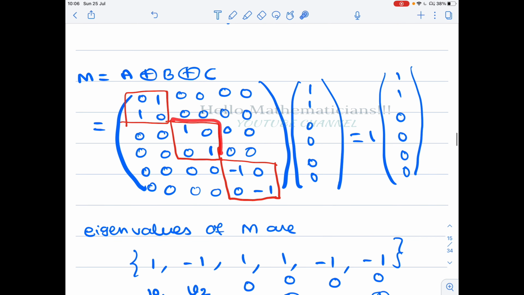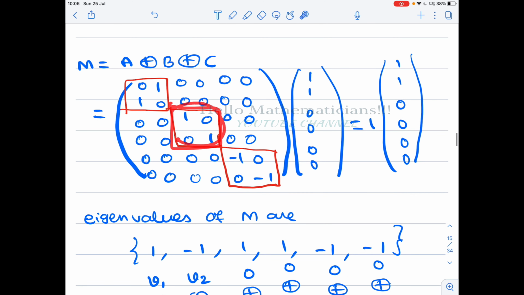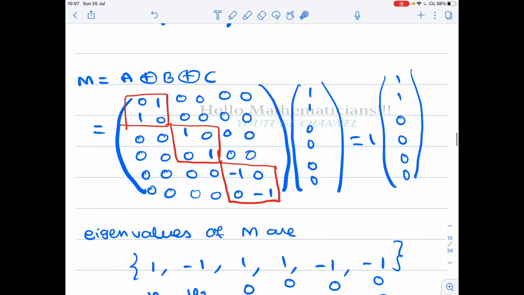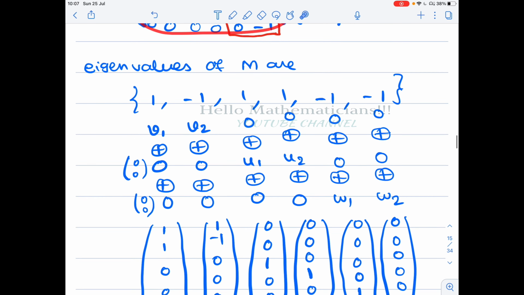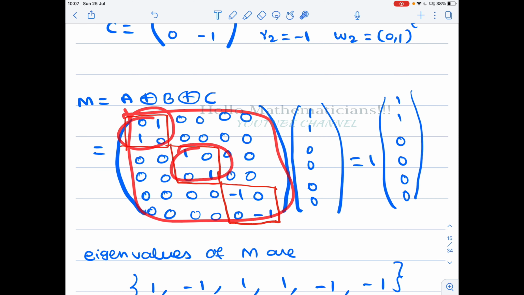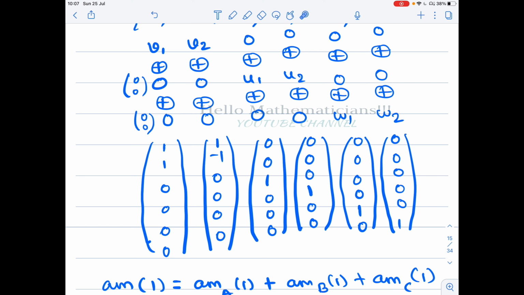For example, for the identity matrix, the eigenvectors are (1, 0) and (0, 1). Since it is in the second block, we put 0 in the first block position and third block position, and only in the position corresponding to the second block do we put the eigenvectors. Similarly, we do this for the third block also. Therefore, if you have a block matrix, its eigenspace is nothing but the direct sum of the eigenspaces corresponding to the diagonal blocks. Here, direct sum means that you have to put in the necessary zeros like this, and then sum.